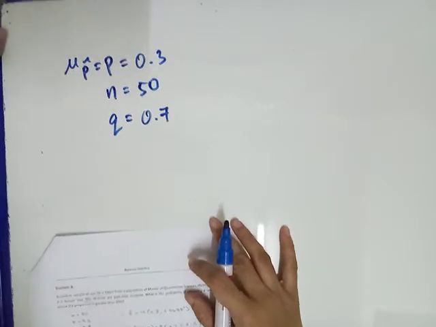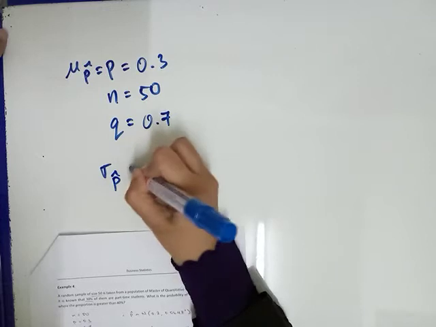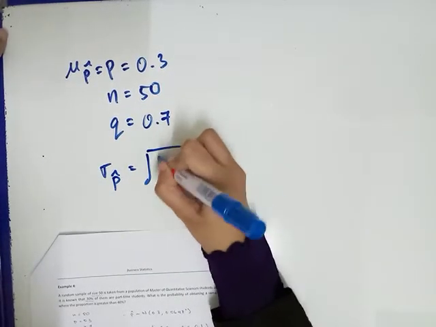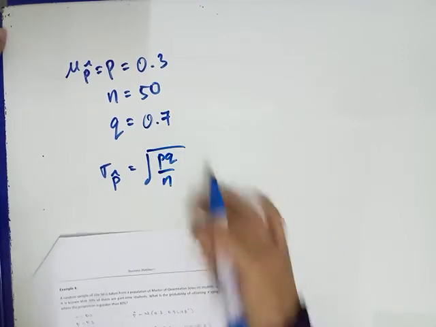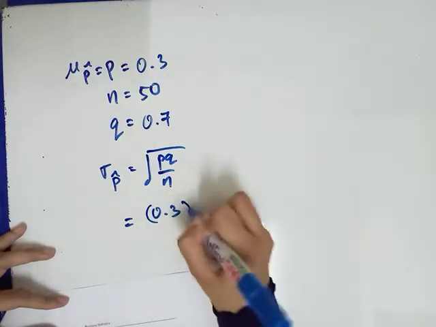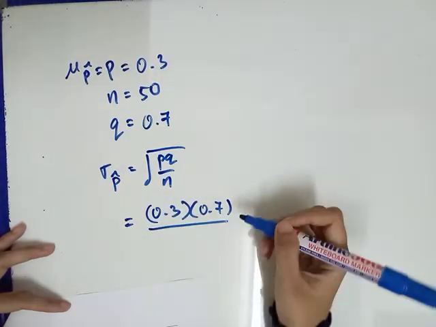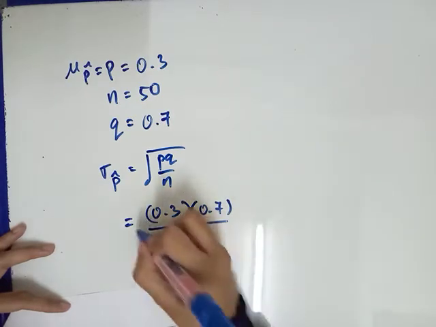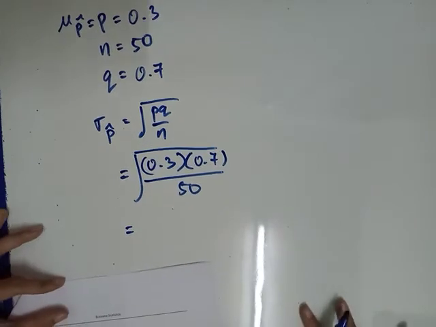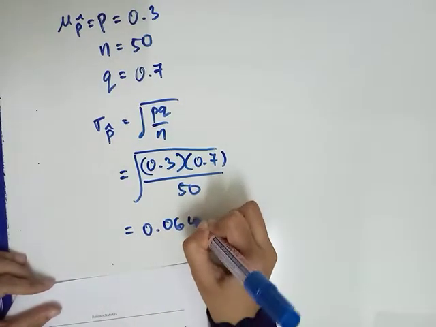And then we need to find the standard deviation of the sample proportion by using the formula square root of PQ divided by N. So we know that P is 0.3 times Q 0.7 divided by N, which is 50. And then you have to square root. Cuba calculate. How do you get? You will get 0.0648.